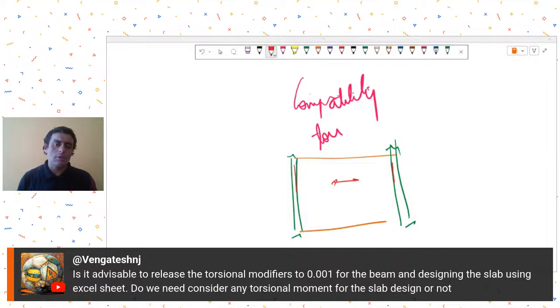This is what your ACI code tells you. No such provision is there in the Indian code. So as per the Indian code, if you have the case of compatibility torsion, you may put very small modifier values, so that their torsion is almost negligible, and then design your slab for increased moments.